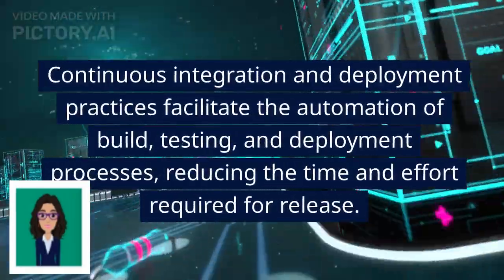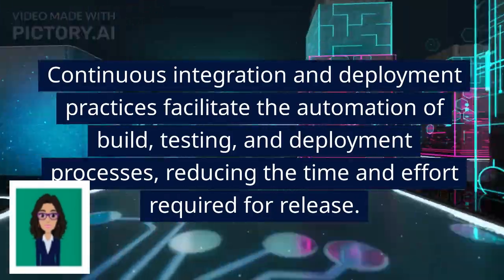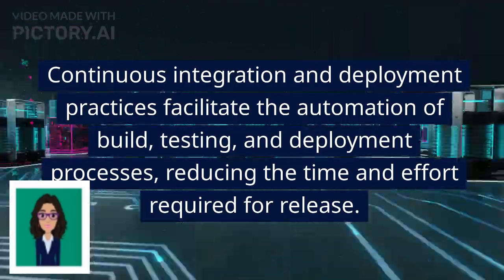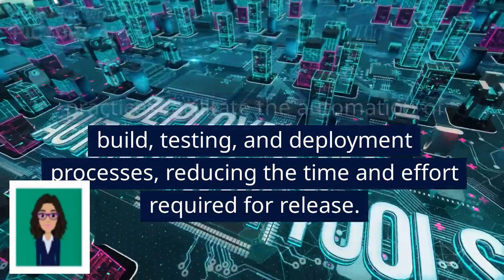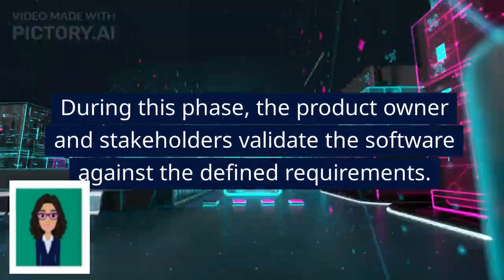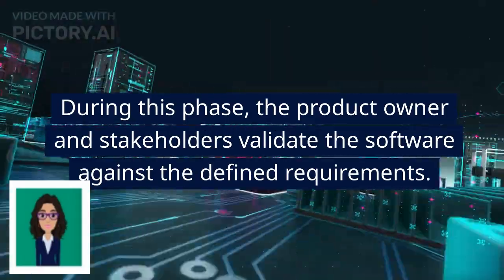Continuous integration and deployment practices facilitate the automation of build, testing, and deployment processes, reducing the time and effort required for release. During this phase, the product owner and stakeholders validate the software against the defined requirements.